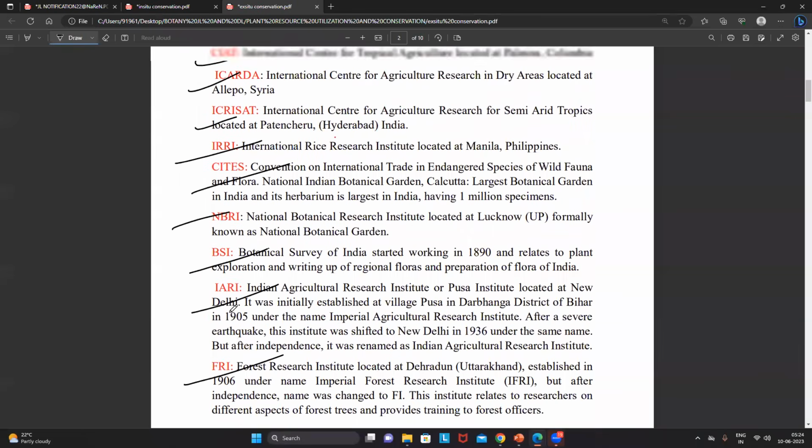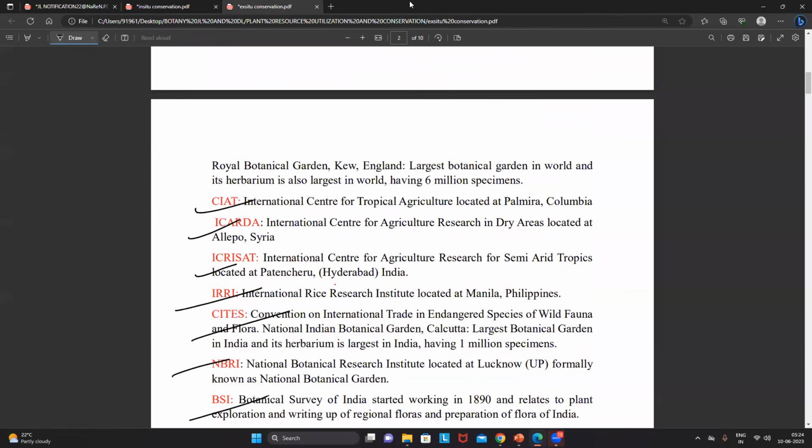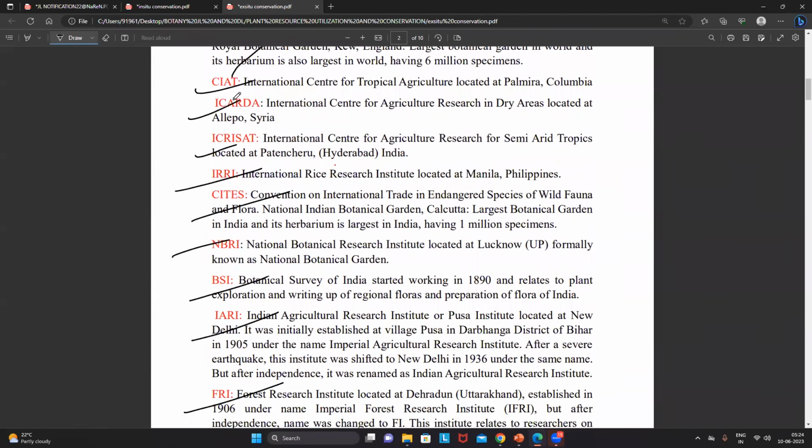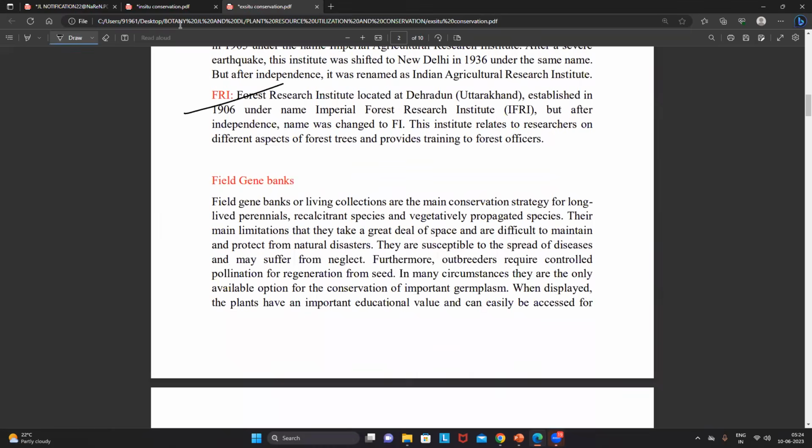These 10 are the names of famous international and national organizations. What you have to remember is the names of the 10 organizations and which country they are situated in. I only mentioned it. You don't need to do anything. You have to memorize the 10 centers and which country they are located in.